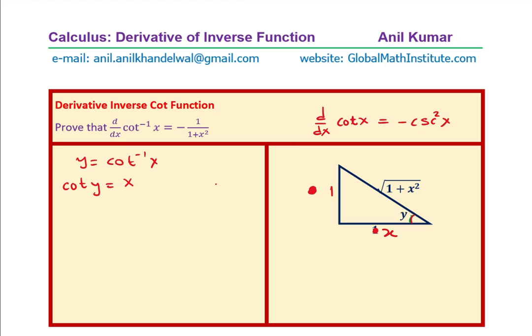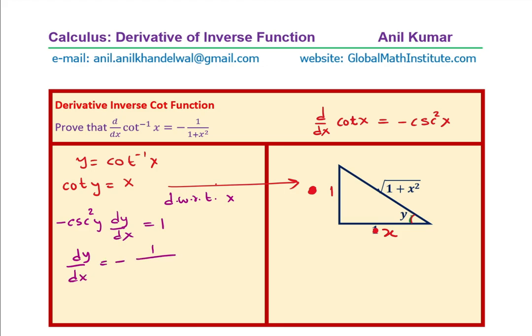Now take derivatives on both sides. So we have made the triangle already. And now let us differentiate with respect to x. So we get the derivative of cotangent y as minus cosecant square y dy/dx equals 1, and dy/dx will now be equal to negative 1 over cosecant square y.